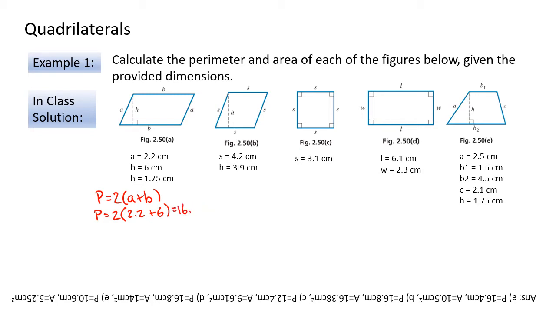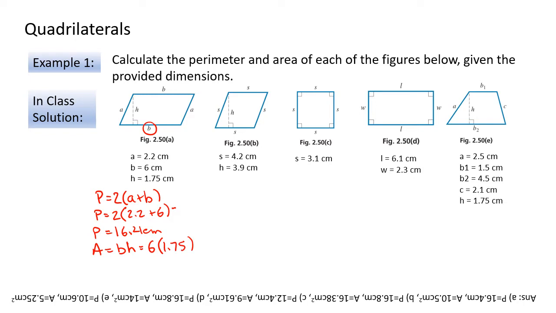Okay, I'll actually move that down so we have more space for the other one. The area is simply the base, or we're calling it B here, multiplied by the height. In this case, 6 multiplied by 1.75.